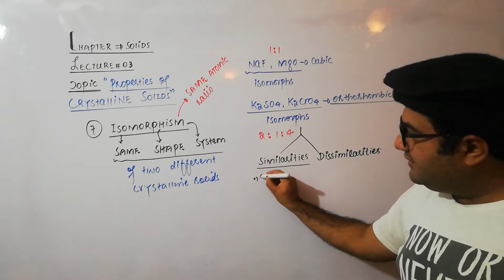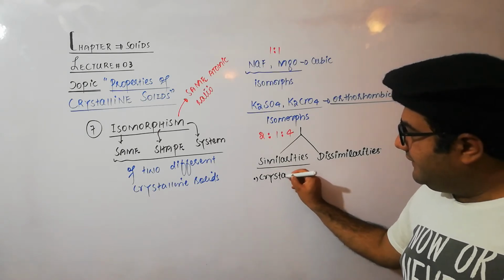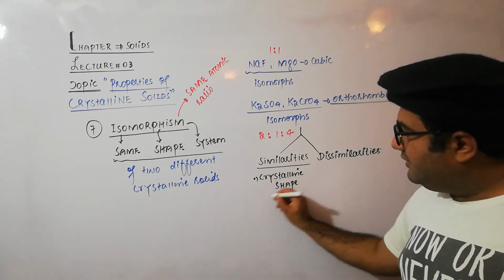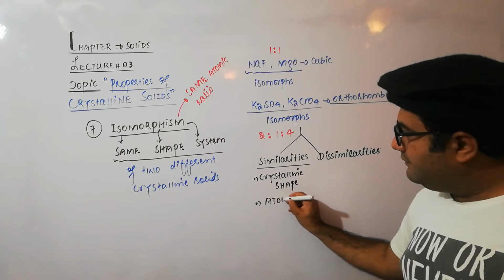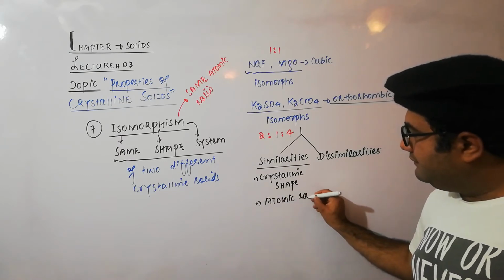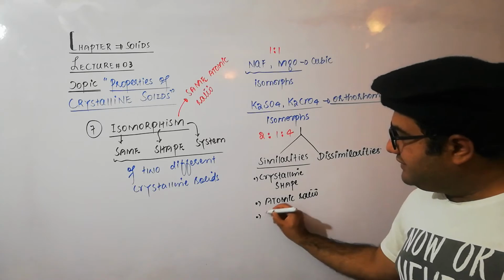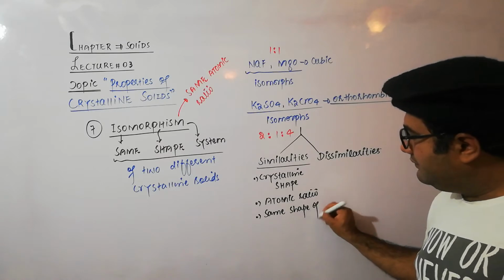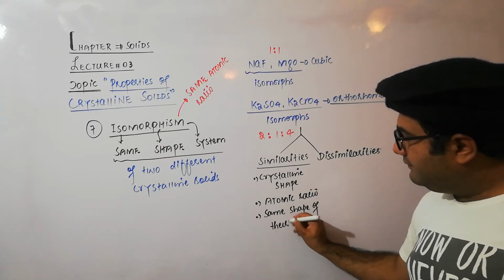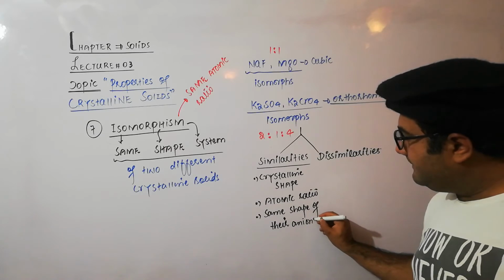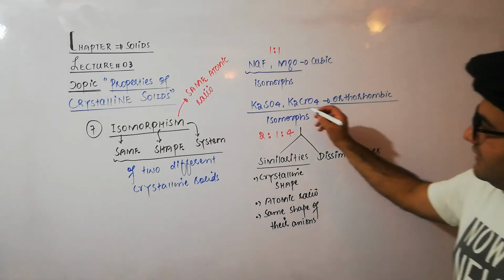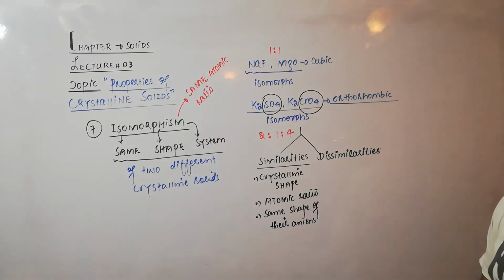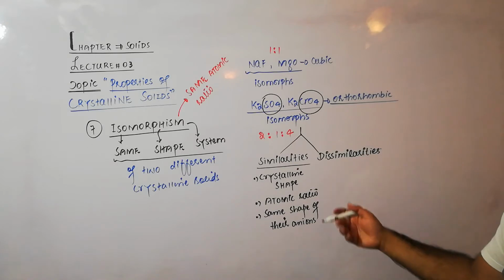The similarity is they have the same crystalline shape, they have the same atomic ratio, and usually they have the same shape of their anions. Like in this case, the sulfate ion is tetrahedral, and the same is the case for the chromate ion. So both anions have the same geometry or the same shape.